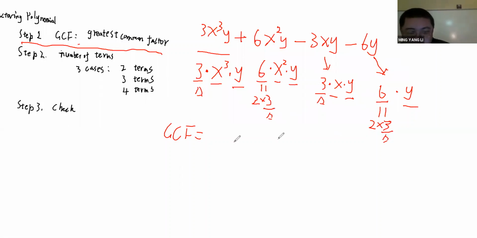So 3 is a common factor because 3 exists in every number part. The next factor is 2, but 2 is not a common factor because the first term has no 2.